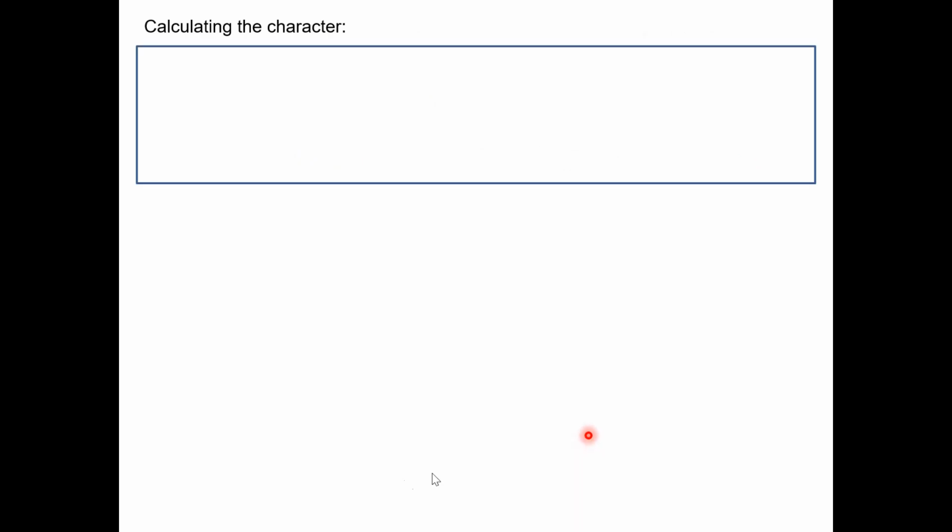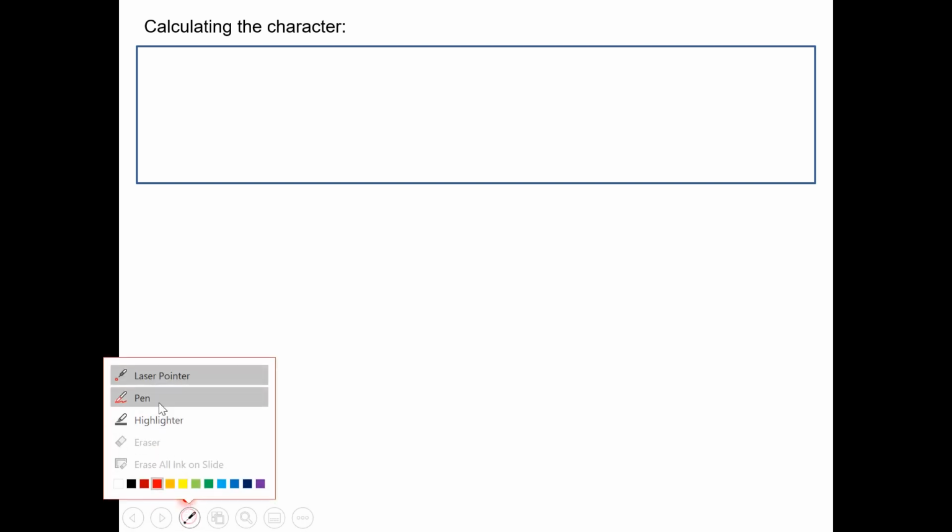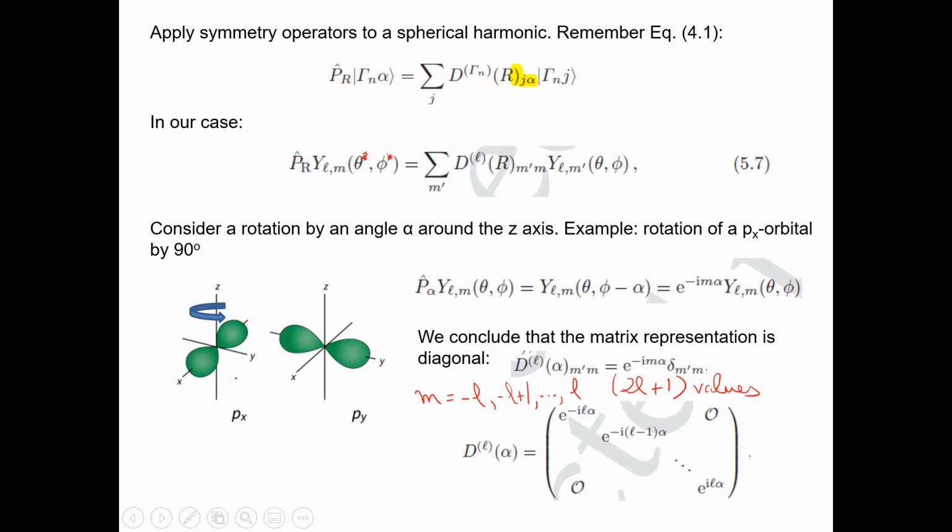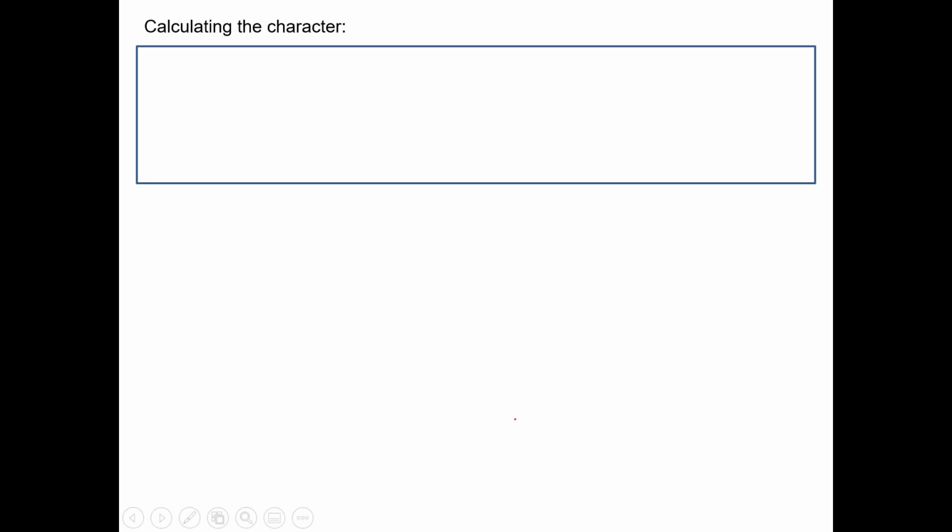So the character, if you remember, is simply the trace of that matrix, right? So you have to go ahead and calculate the trace of this matrix, and this is a simple calculation, because it's a geometric progression, right? So the character associated to the angular momentum number L for a rotation of an angle alpha with respect to the z-axis will be simply the trace of that matrix that we have just calculated.